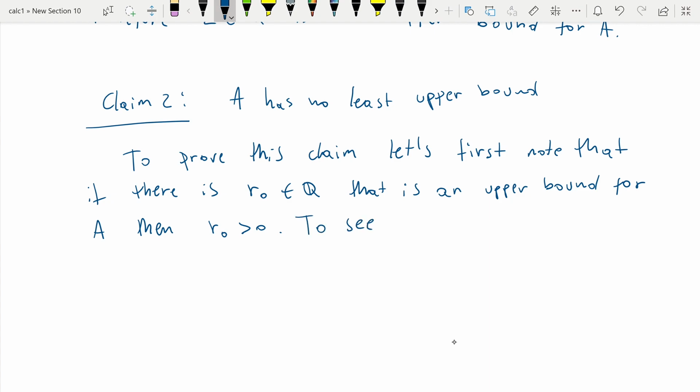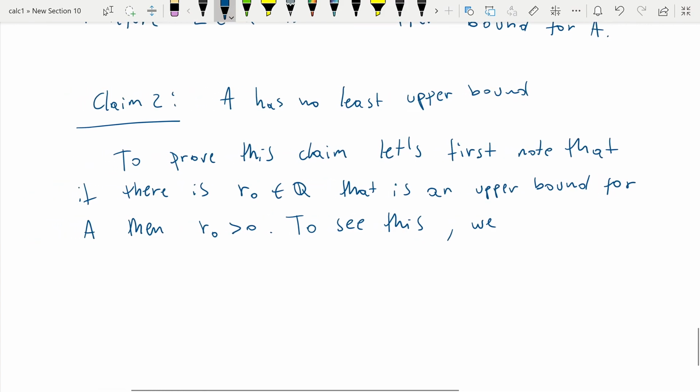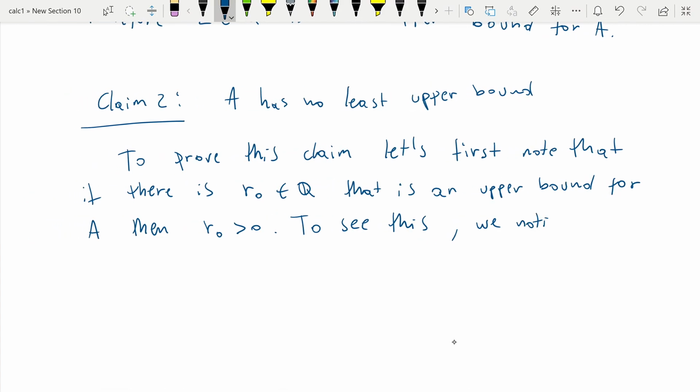To see this, we notice that 1 is in A. Why?